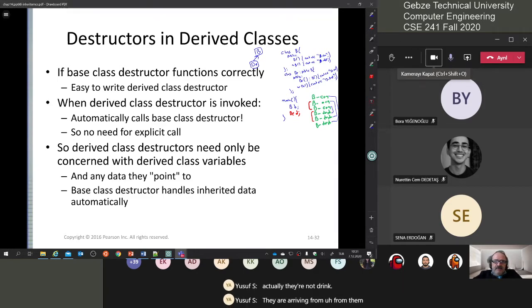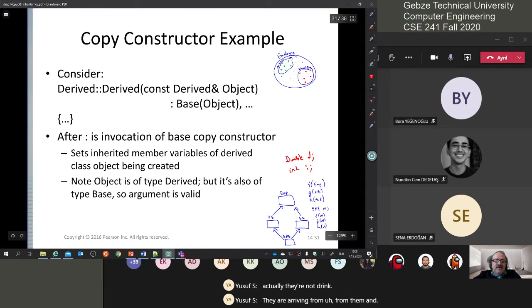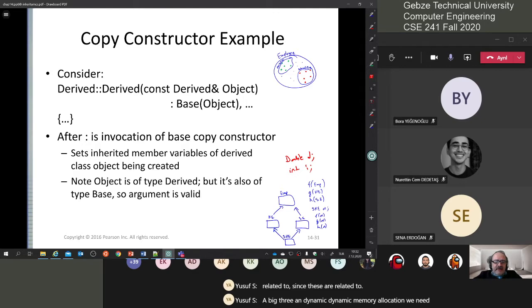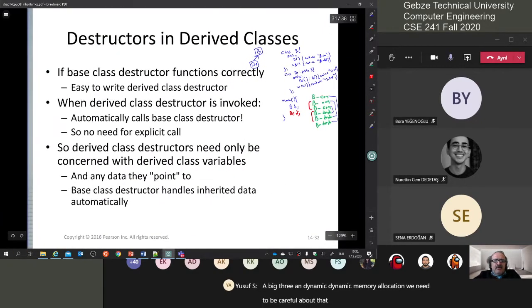These functions are copy constructor, assignment operator, and destructor. Since these are related to big three and dynamic memory allocation, we need to be careful about them. We talked about how we use the destructors, and we talked about the destructor calling order.